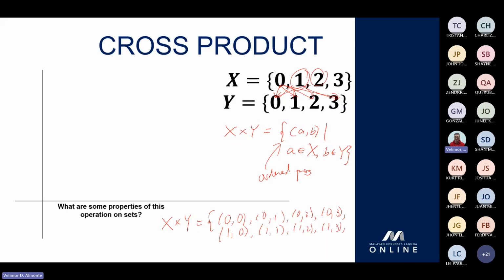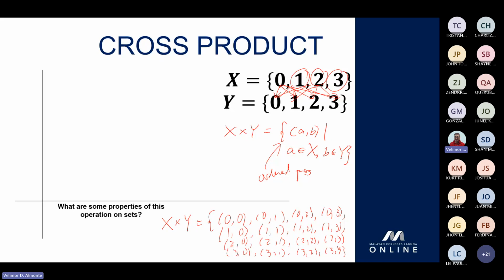Next, 2, 0, 2, 1, 2, 2, 2, 3. Finally, the last row: 3, 0, 3, 1, 3, 2, 3, 3.